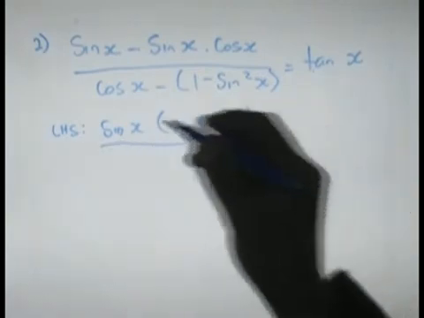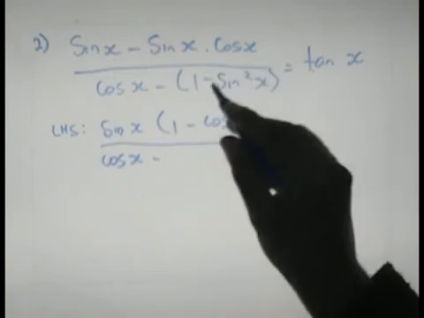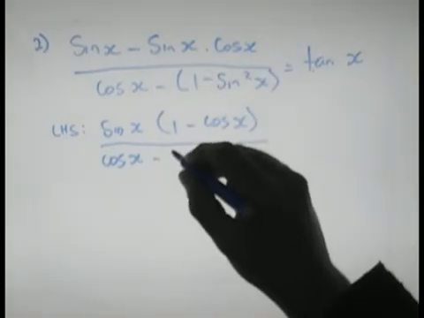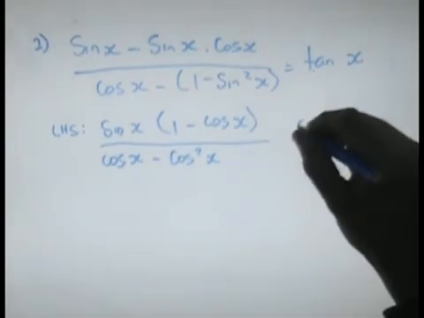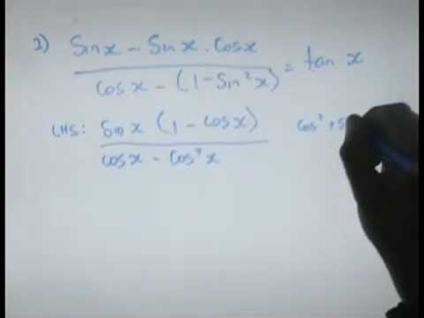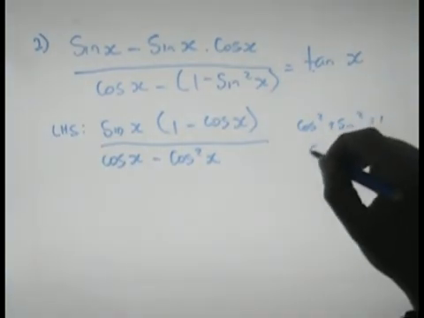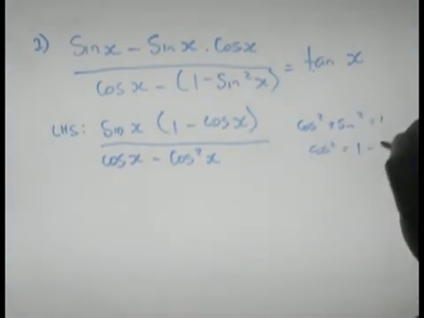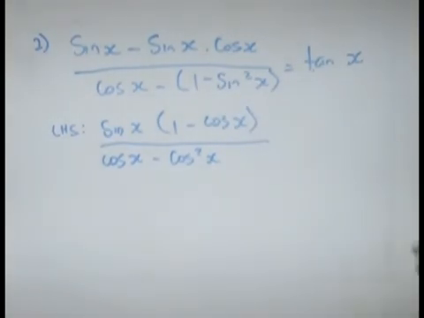The denominator, I'm going to leave as cos x minus, 1 minus sine squared x. Isn't that the same as cos squared x? Because remember, cos squared plus sine squared is equal to 1. That means that cos squared is equal to 1 minus sine squared, which is what we have happening over there.